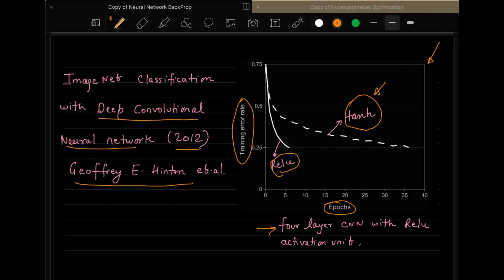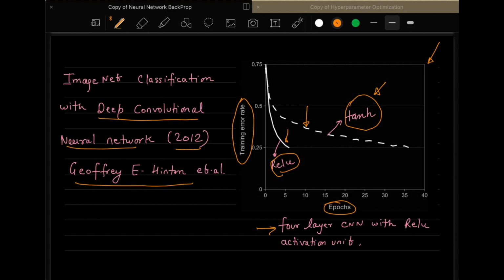Once they used ReLU, they observed that the training error rate is going down faster as compared to tan hyperbolic. This is the major breakthrough they achieved in 2012.